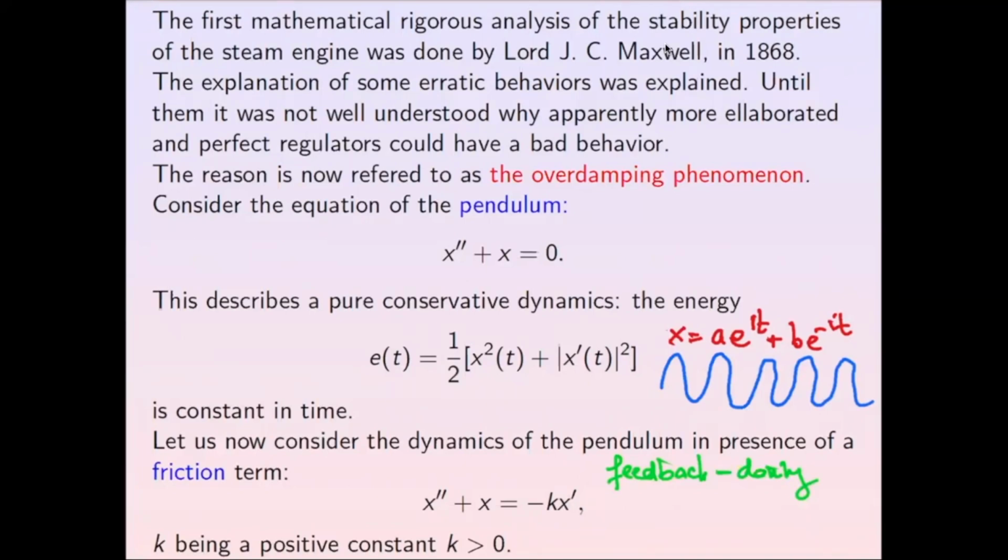Why do I refer to the feedback? Well, because if you just call the right-hand side of this equation, say, f of t, in the context of mechanics, f of t is the force applied to the pendulum, to the harmonic oscillator, right?